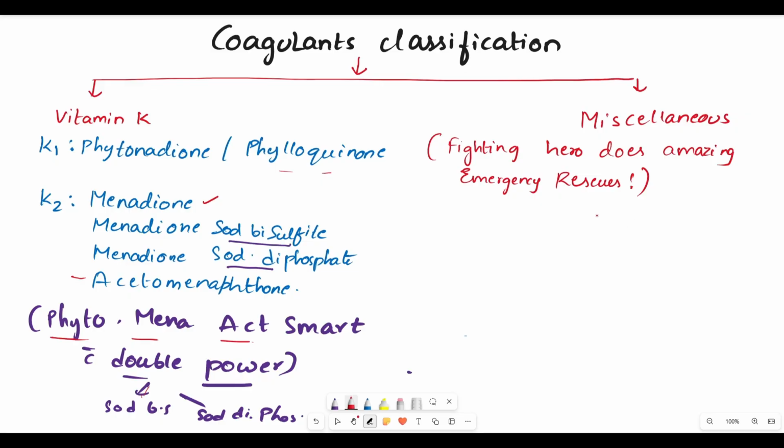So, to remember the drugs under this miscellaneous class, just remember one sentence, that is fighting hero does amazing emergency rescues. So, let's try to write the drugs with this trick. So, here F means it is fibrinogen. H means it is anti-hemophilic factor.